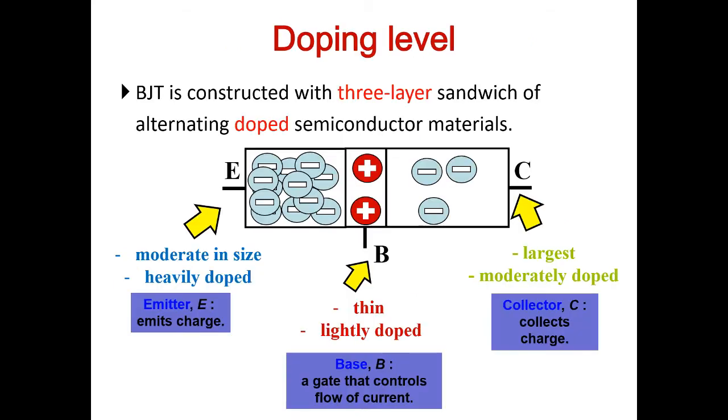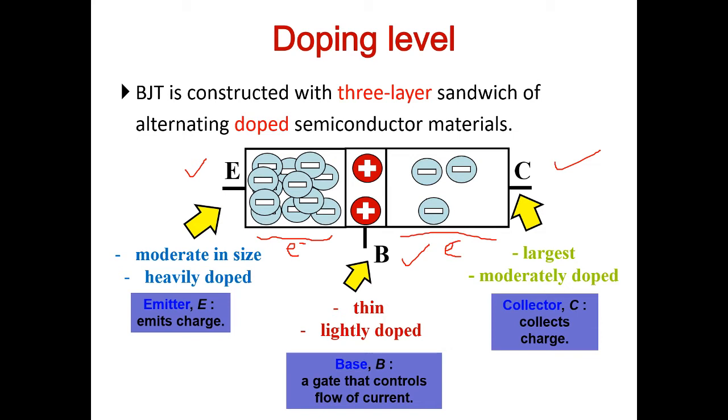This figure shows the doping level of a transistor. You remember you have the emitter part, the base, and also a collector. The emitter part, as you can see inside the figure, has a lot of negative symbols, or free electrons. But the collector part has fewer free electrons compared to the emitter part.